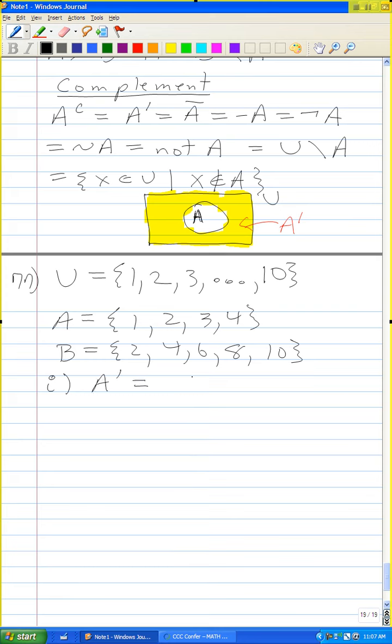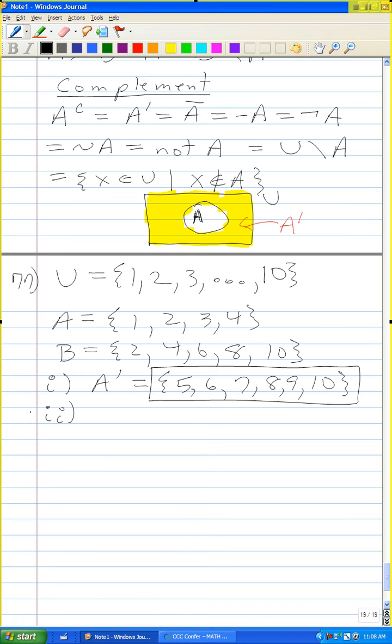Well, the things that are not in A are 5, 6, 7, 8, 9, 10. That's what's not in A. 2, what's not in B? So what's not in B are 1, 3, 5, 7, 9.